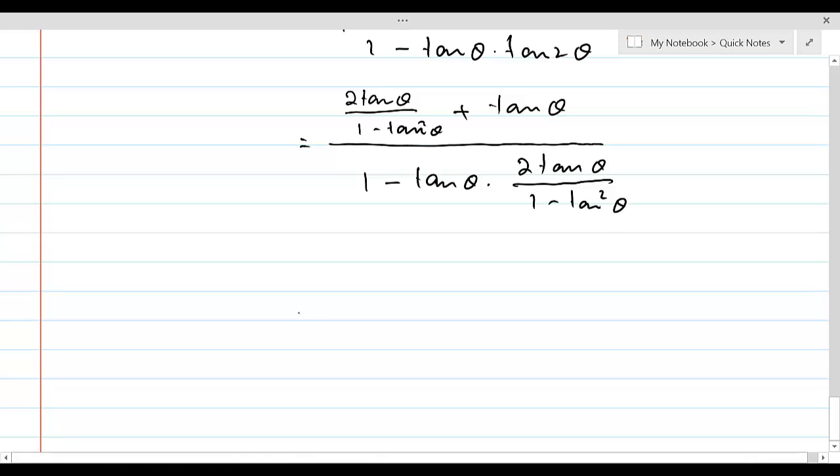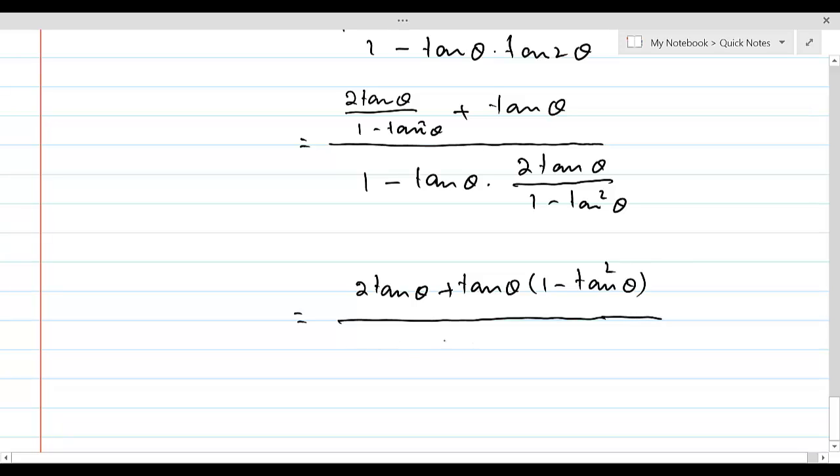So this will be equal to 2 tan theta plus tan theta into 1 minus tan square theta over 1 minus tan square theta, divided by 1 minus tan theta into 2 tan theta, over 1 minus tan square theta.